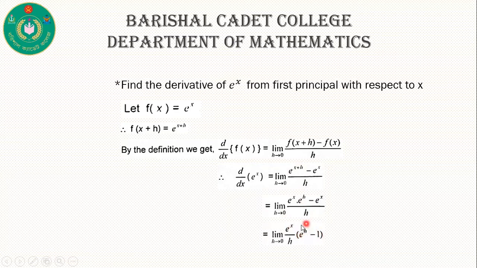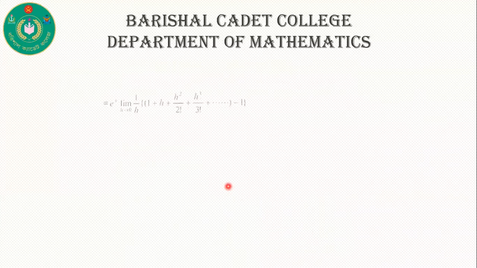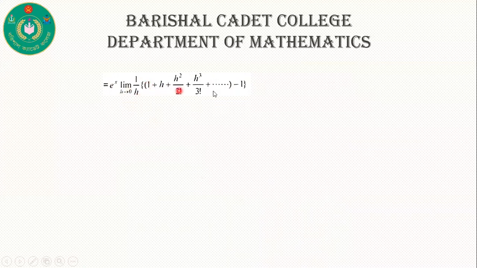Now this is a series of e to the power x, equal to 1 plus x by factorial 1 plus x square by factorial 2 plus x cube by factorial 3 dot dot dot. Now putting this series here, we can write e to the power x limit h tends to 0 1 by h, and e to the power h is equal to 1 plus h plus h square by factorial 2 plus h cube by factorial 3 plus dot dot dot, and minus 1.